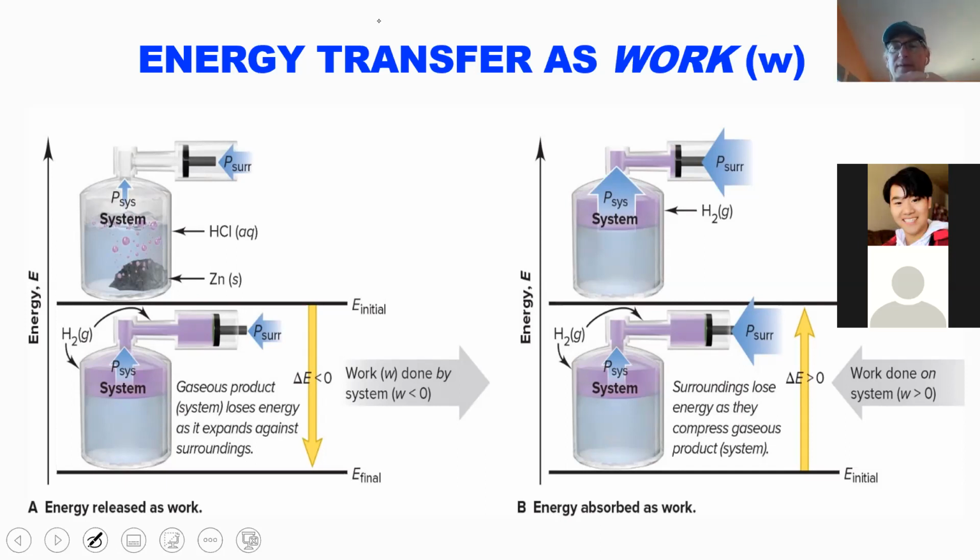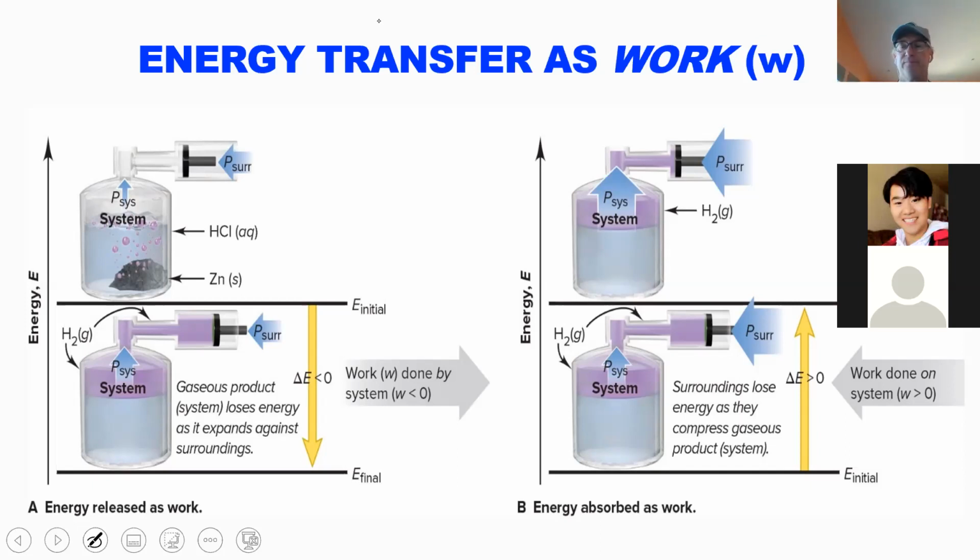On the right side, think of it like when you use a bicycle pump. You are doing the work with the bicycle pump by pushing down on it. That increases the pressure inside the bicycle pump. So here, the pressure of the surroundings is higher.